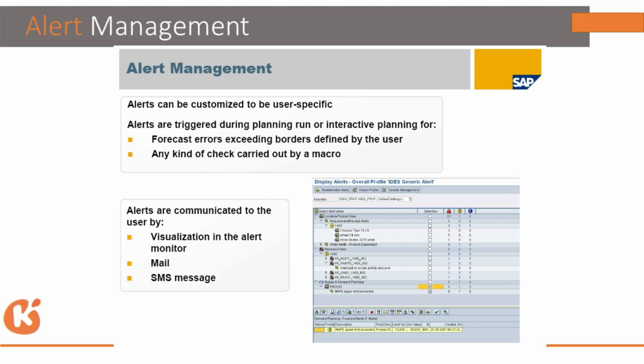At the same time, if you don't get an alert, it means your sales orders and forecast are going in the same direction. There are no spikes. So not only this one, whatever functionality they want, we can write an alert based on that. They are going to get messages.